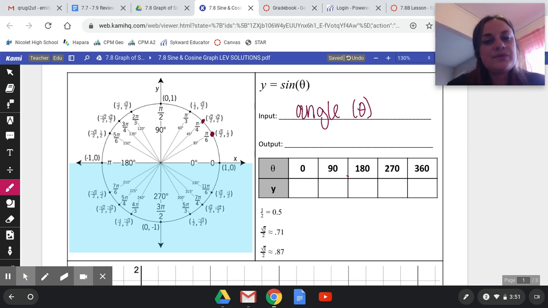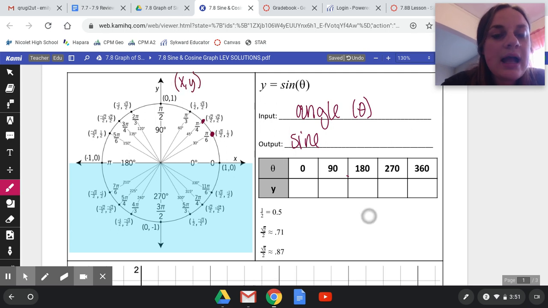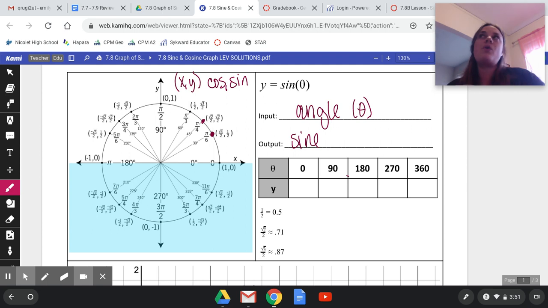So the output is your height. That's the sine of that angle. Remember, x comma y is cosine comma sine. So the y coordinate is your height, and that's the sine. So when we're graphing it, that can help us.